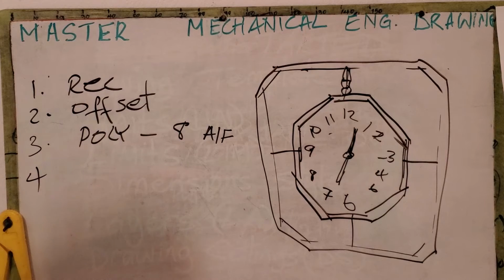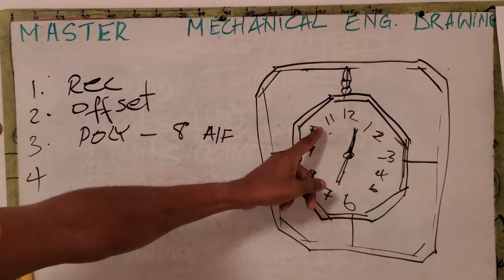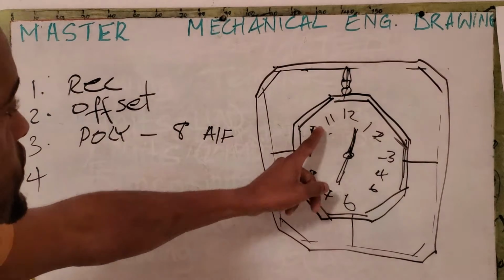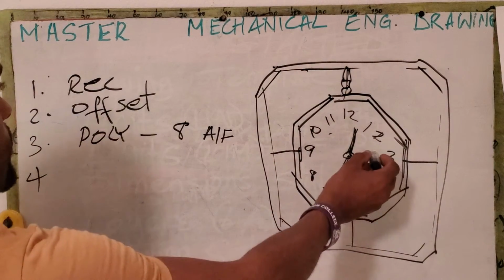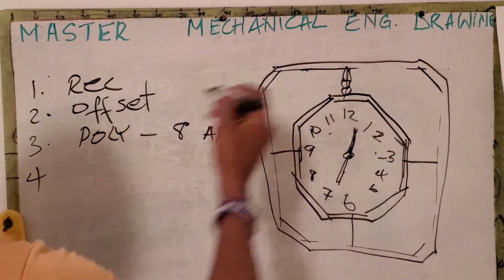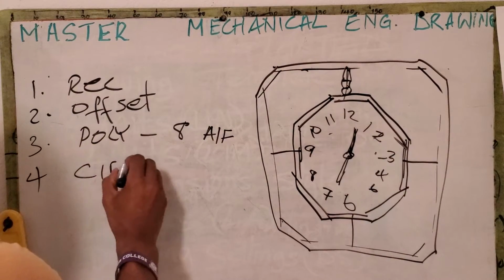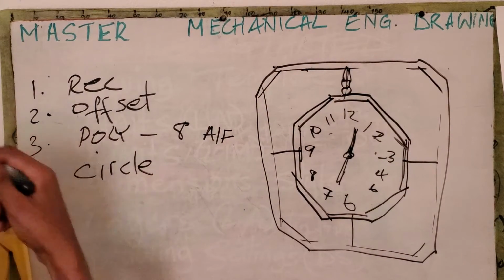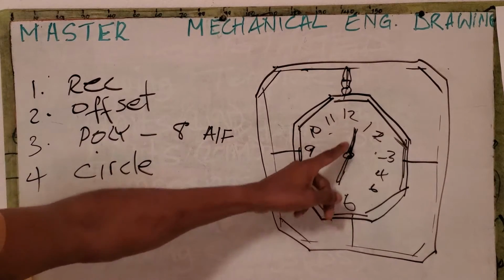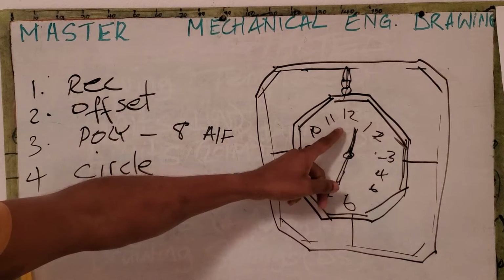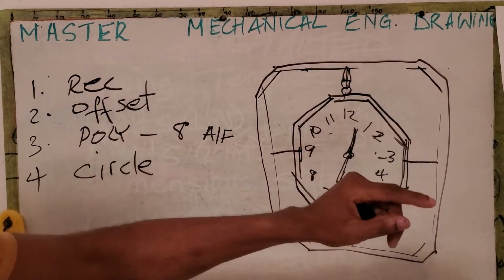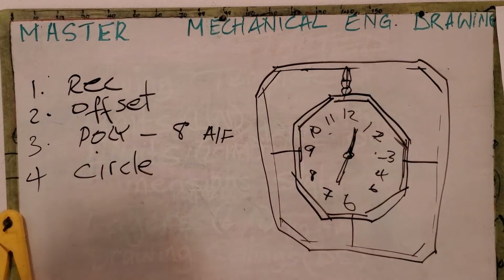Now, the fourth command that we would need is circle. We would need a circle around here. We would also need polar array.